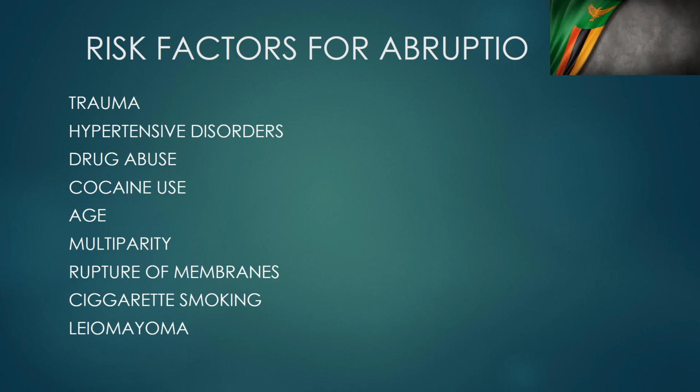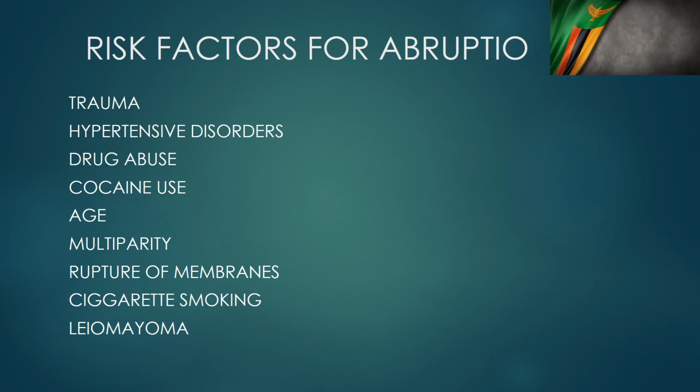So what are the risk factors of placenta abruptio? Sometimes we don't have any obvious risk factors and we just find that the patient has an abruptio placenta, but there are some obvious things that would cause abruptio placenta. This could be trauma.